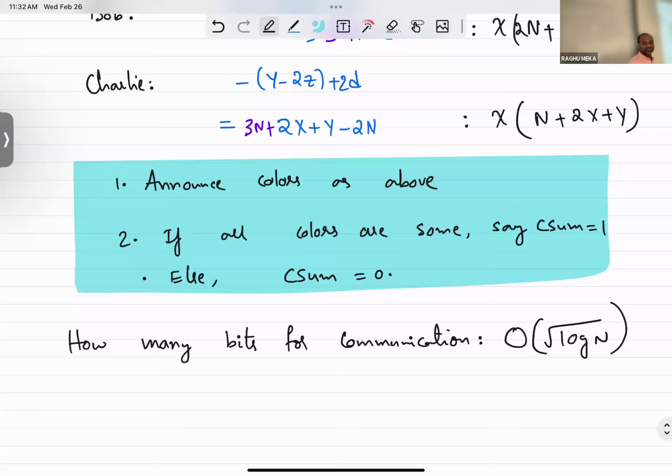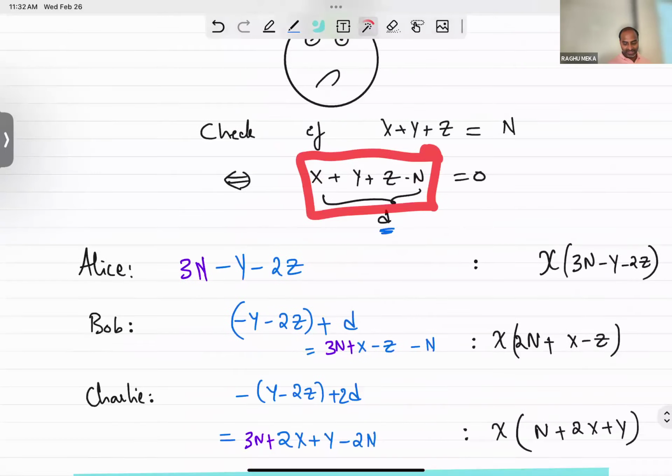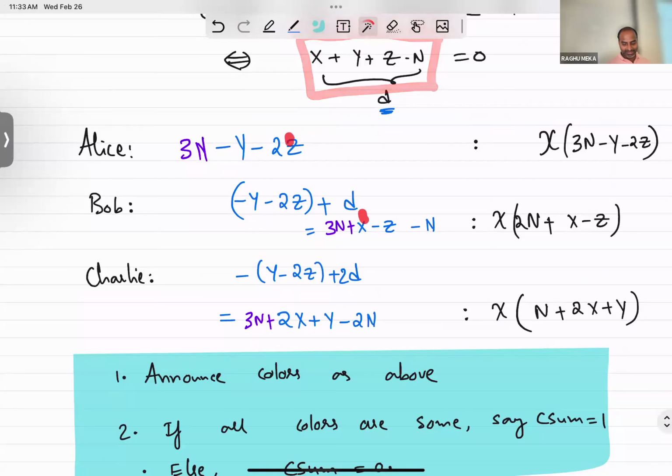And why does this work? Well, if the checksum is n, this gap, this d, is actually 0, right? So what does this mean? That means all 3 numbers are exactly the same, right? I'm adding d here, which is 0. So I have 3n here as well, 3n here as well. So this d is 0, so all 3 numbers are exactly the same.